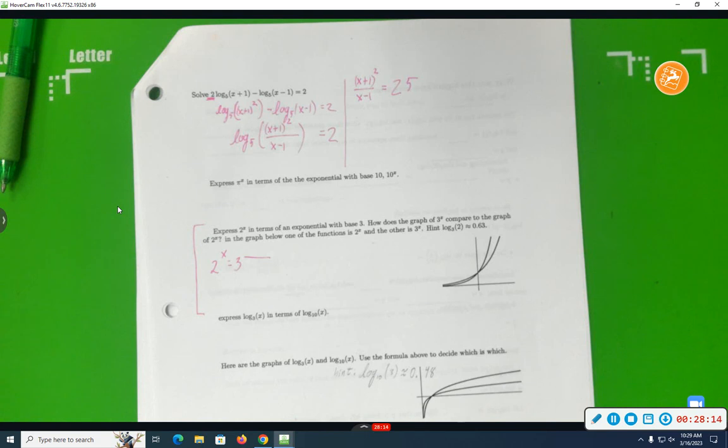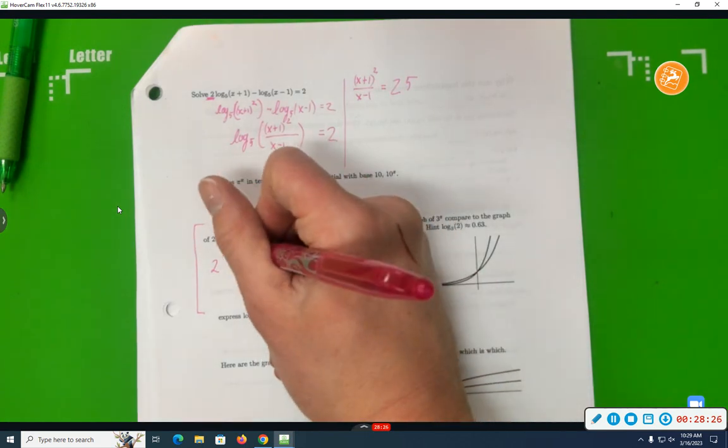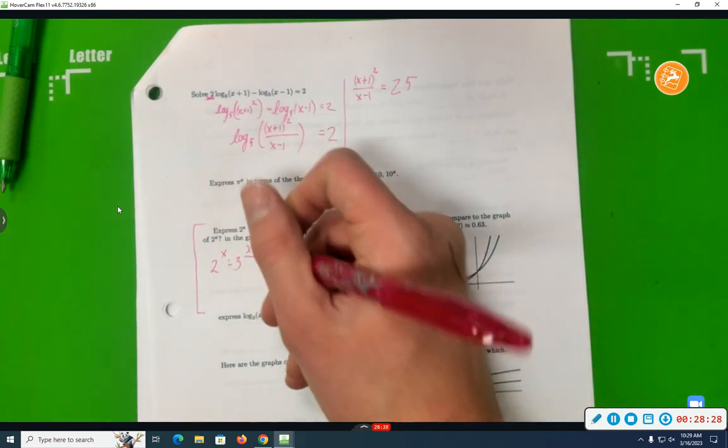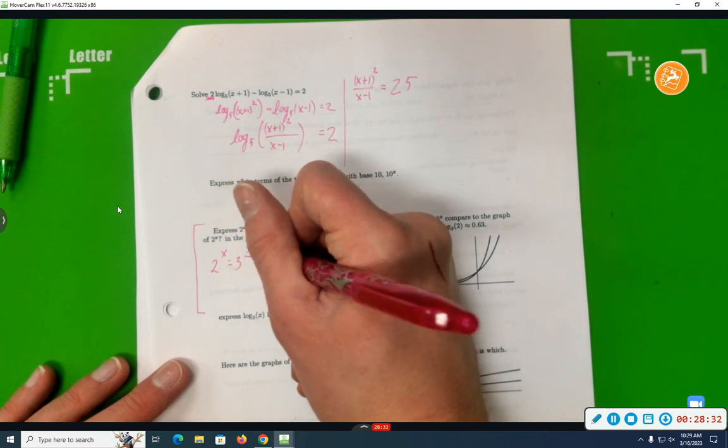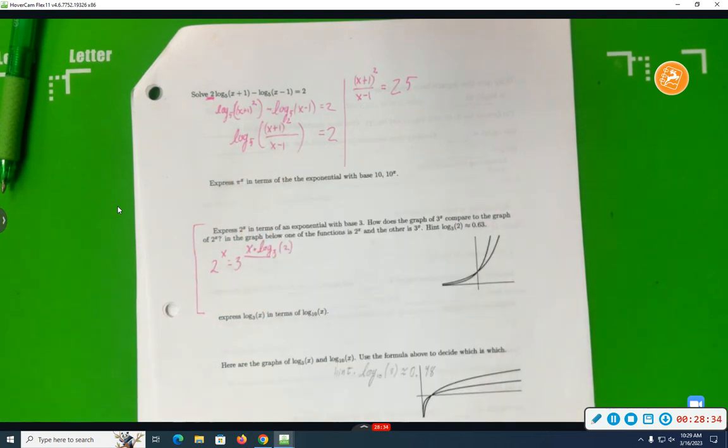So 3 to the x, 2 to the x. It looks like A is 2, B is 3. So let's just use those. By the change of base formula, 2 to the x should be the same as 3 to the x times log base 3 of 2.